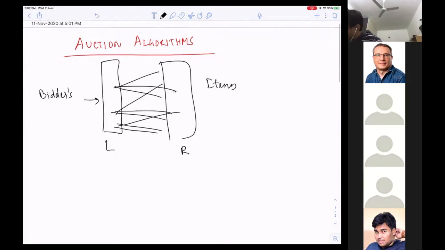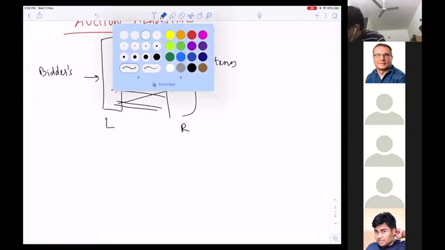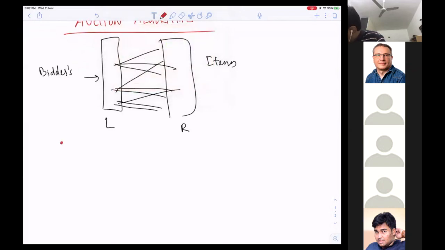What do edges show in the graph? Edges are like items a bidder is interested in.